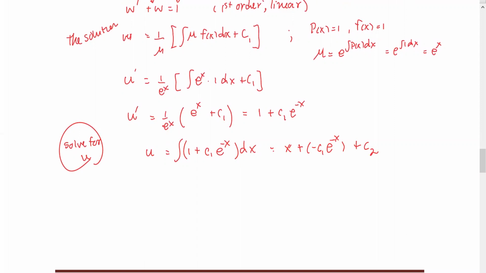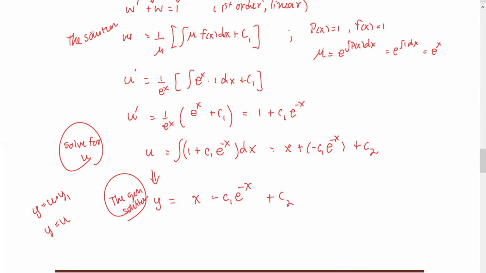At the beginning, we started with y equals u times y1, and it turns out to be y equals u. Therefore our general solution of this non-homogeneous equation, y, which is the same as u, is x minus c1 e to the negative x plus c2.